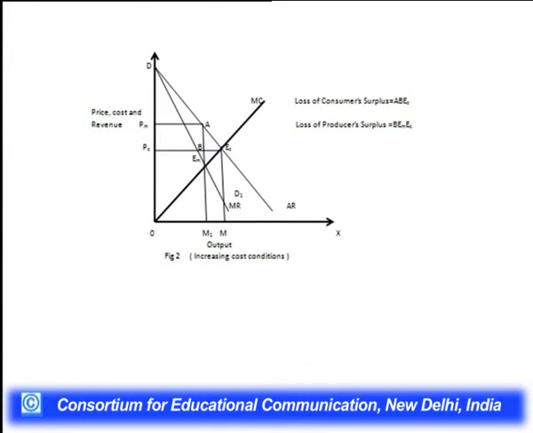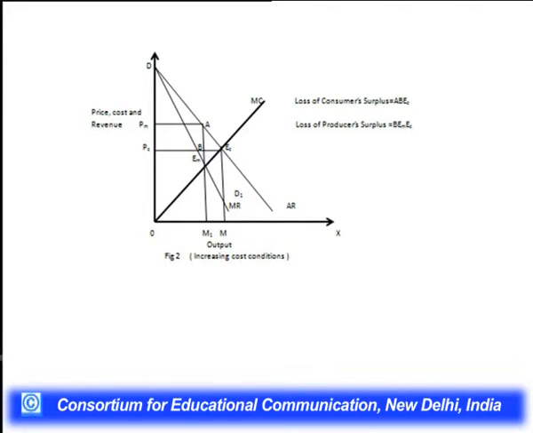Now, what happens under increasing cost conditions? Whenever the scale of the industry is increased, there are economies of scale and diseconomies of scale accruing to the firm.